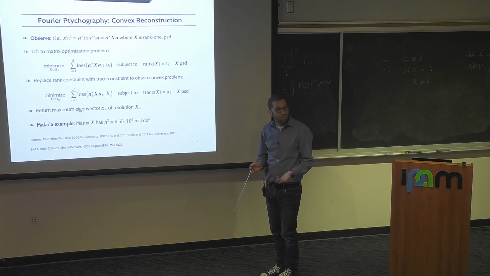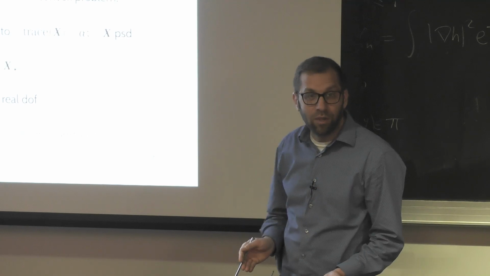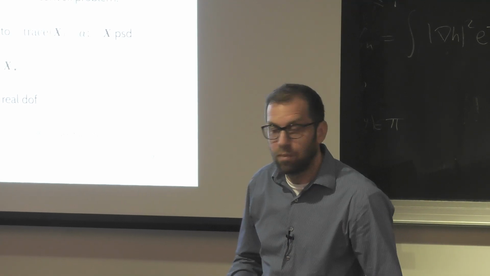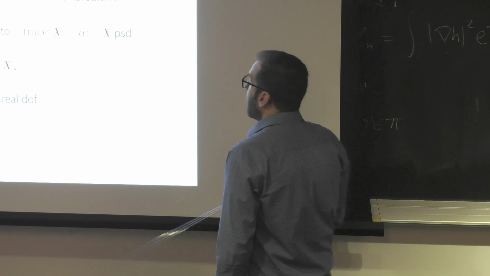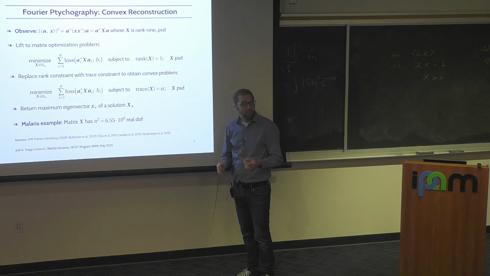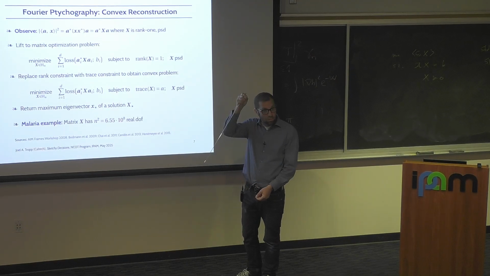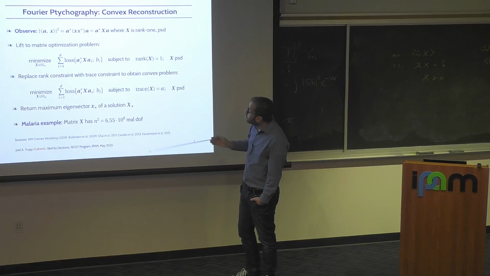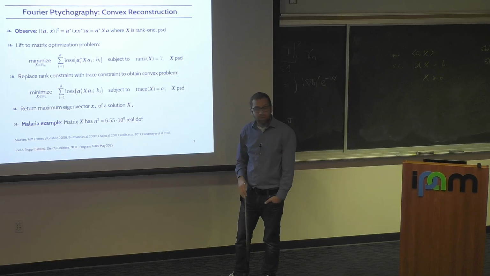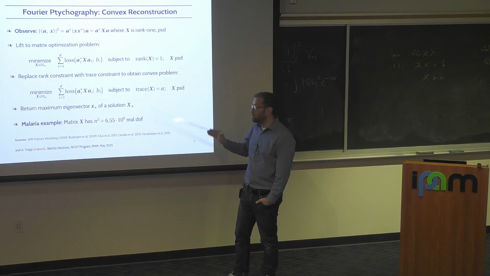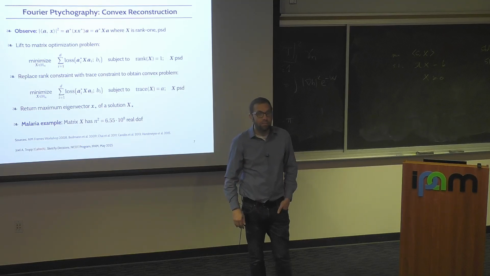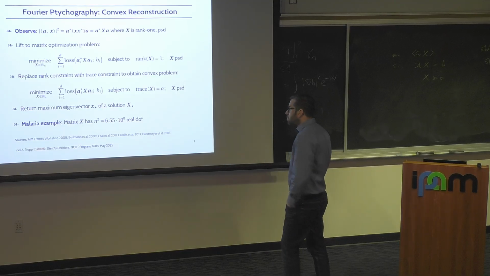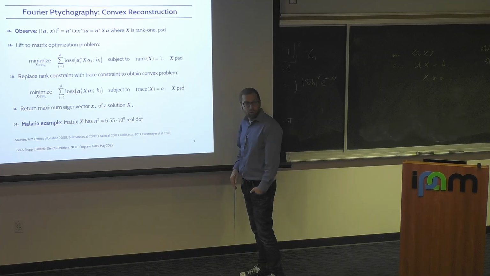Now, once we solve this problem, we hope that we have achieved something that helps us produce microscope images. But X is a matrix, and we needed a vector. The sample transmission function is a vector. And what do? We compute the maximum eigenvector x star of the solution of this optimization problem and report that back. Okay? So this works.